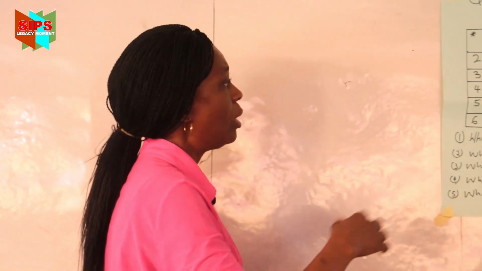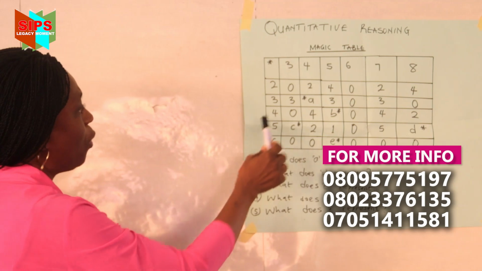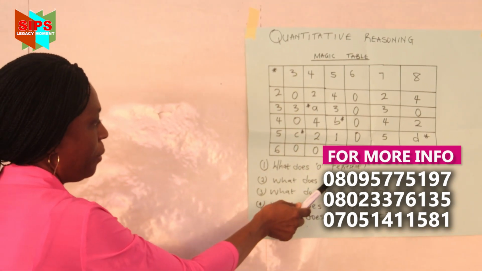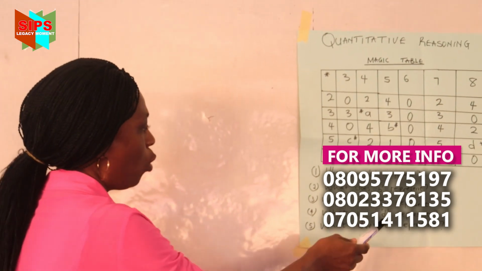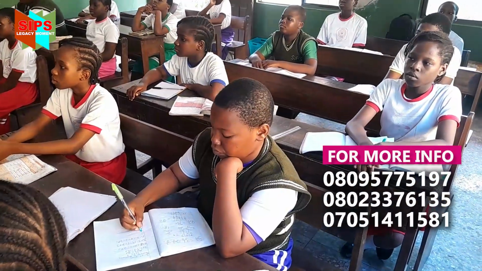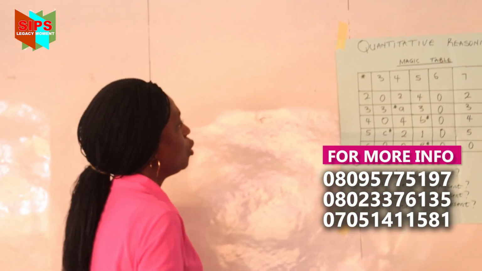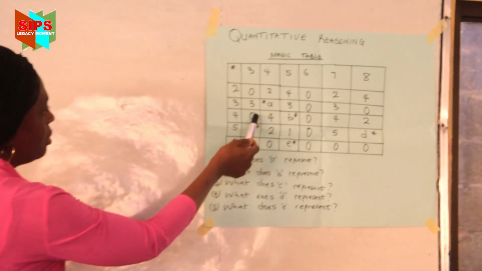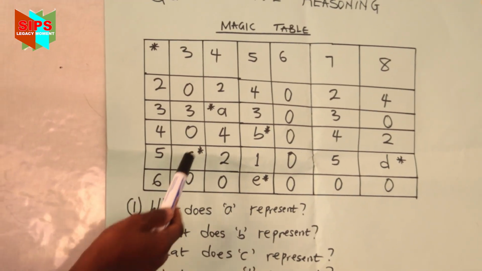So before we do the first line, the first box, as an example, before we determine what A represents, what B represents, what C represents, what D represents, and what E represents, we use our row to multiply our what? Our column. So now, what to look for? How did they get this 0, 3, 0? Before we look for the missing letter or the missing alphabet here.